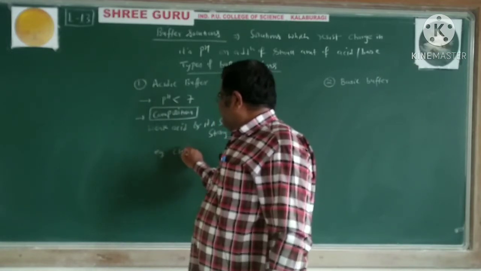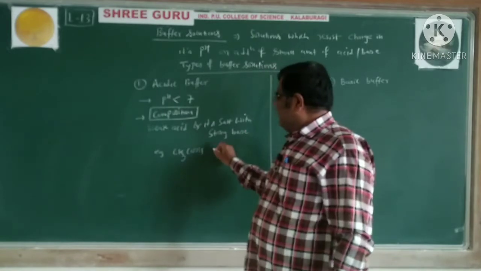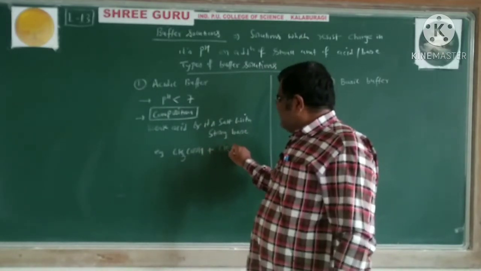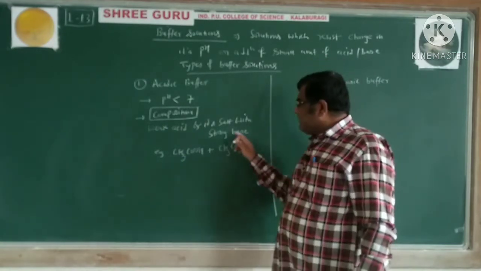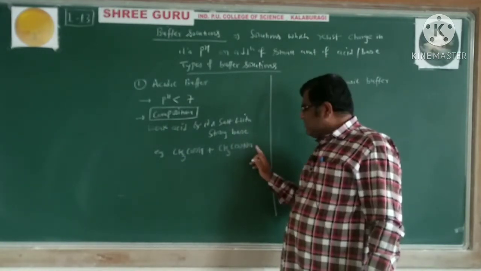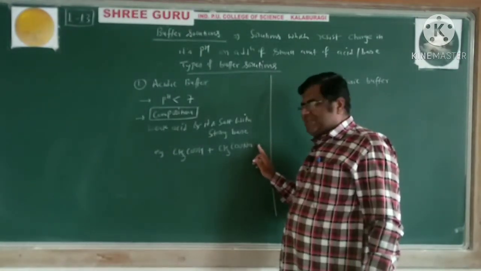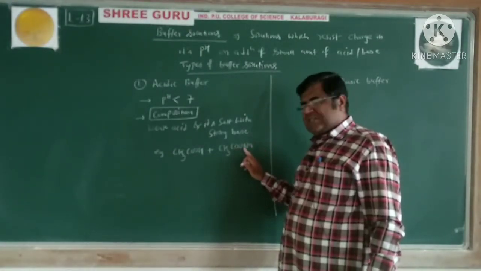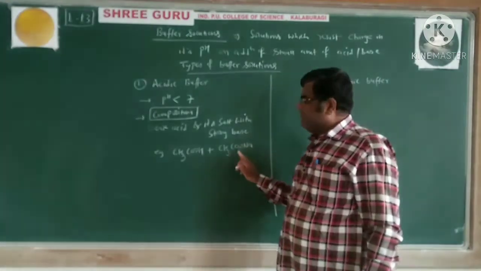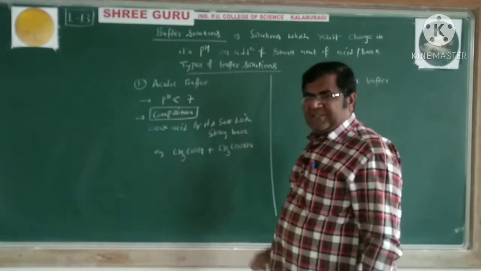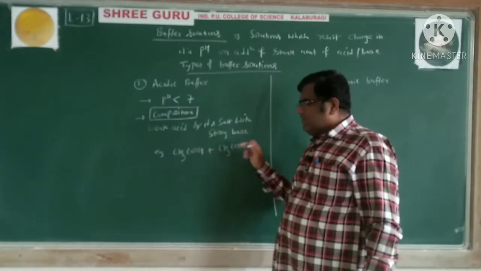Example: acetic acid, which you know is a weak acid, and CH3COONa, sodium acetate, its salt with a strong base. The strong base is sodium hydroxide. Sodium hydroxide loses OH minus ion, acetic acid loses H plus ion, and they form this salt in a neutralization reaction. So this is an example of an acidic buffer because it contains a weak acid and its salt with a strong base.